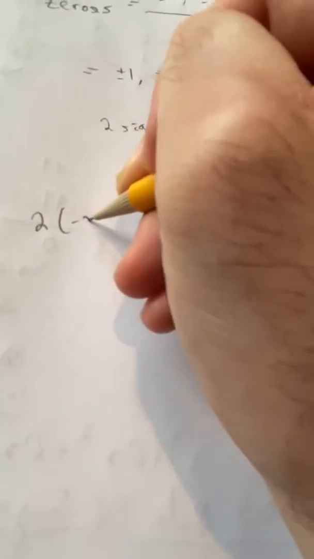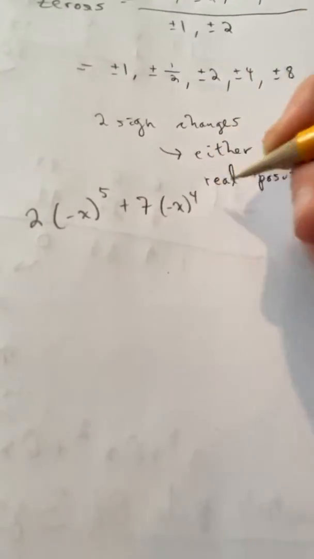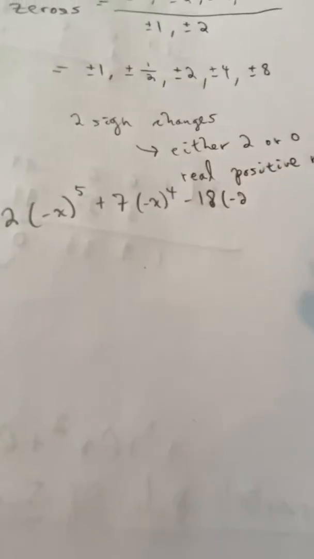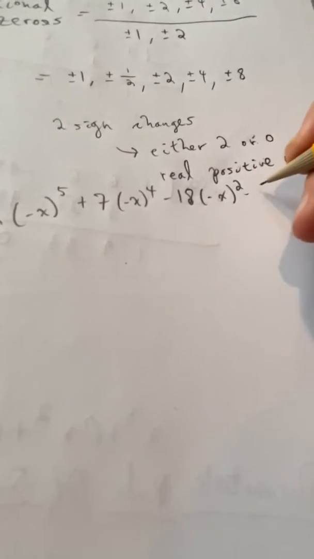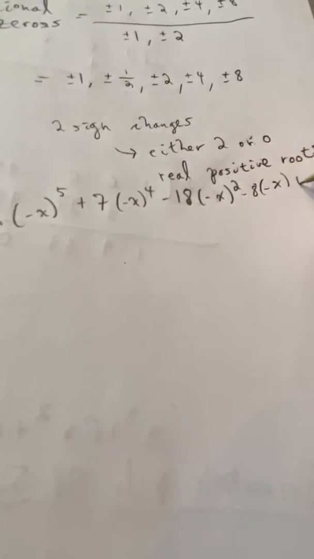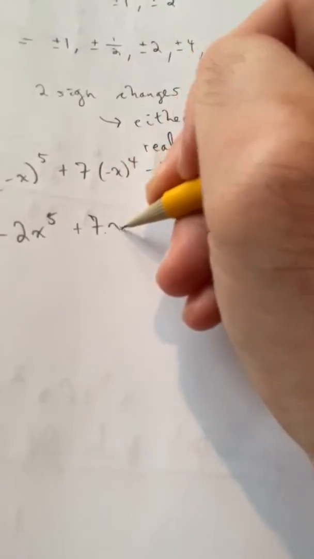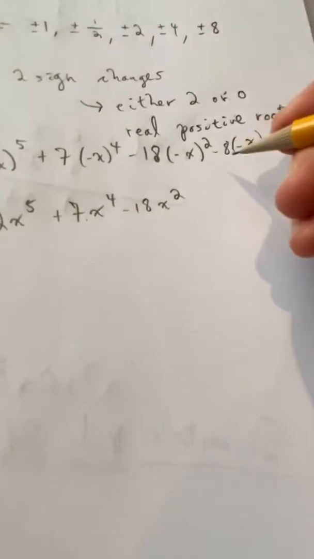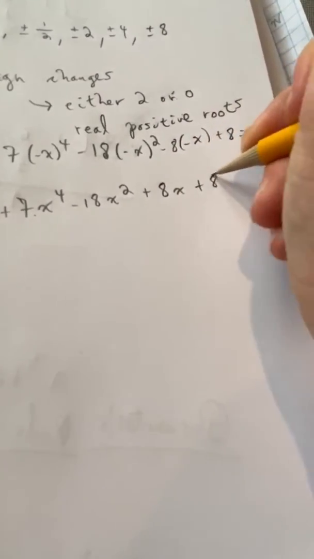Then the same thing, we'll look at the negative version of it. So we'll look at 2 times negative x to the fifth plus 7 times negative x to the fourth minus 18 times negative x squared minus 8 times negative x plus 8. And we have negative 2x to the fifth plus 7x to the fourth minus 18x squared plus 8x plus 8.